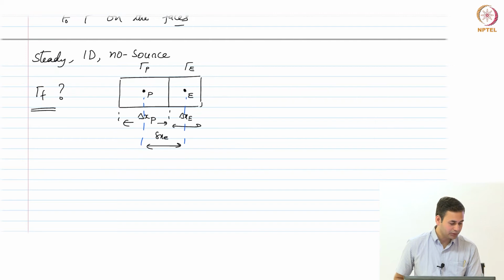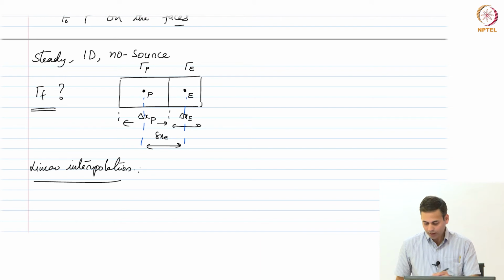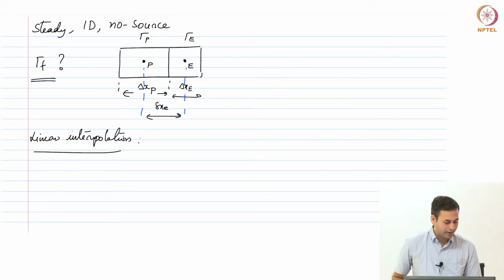Of course, you can use linear interpolation and write gamma f, gamma on the face, with some coefficient, let us call it fe. This is the linear interpolation factor.